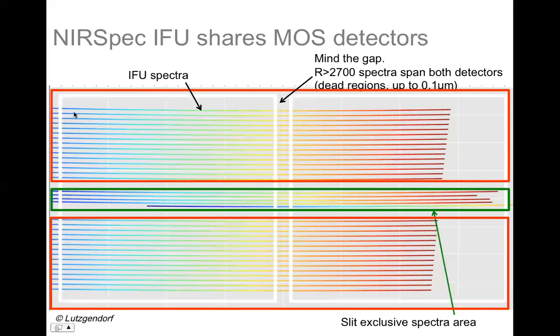The IFU spectra are recorded at the same place as the MSA, while the slits have a dedicated space on the detector. There is no shutter on the slits, so you will obtain a slit spectrum of your target here. But you will also have some issues from the MSA. As I said, the spectra of the IFU and the MSA are recorded on the same place.